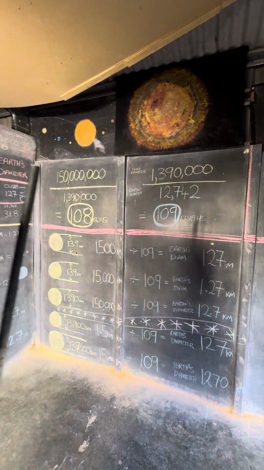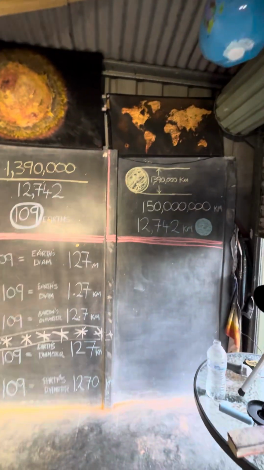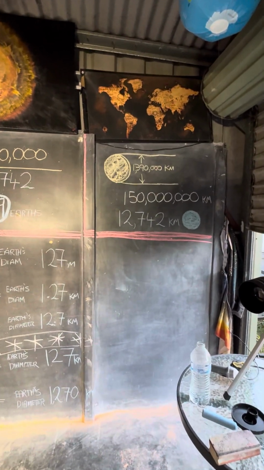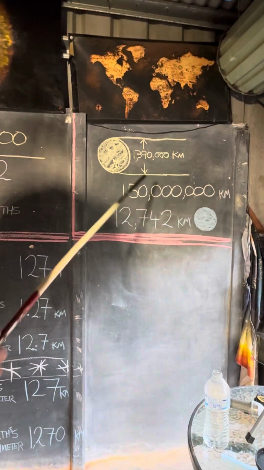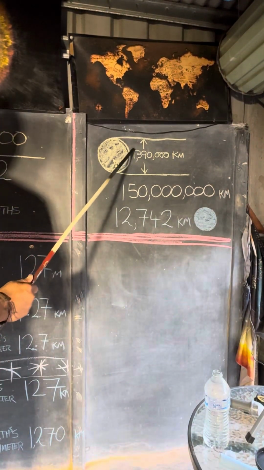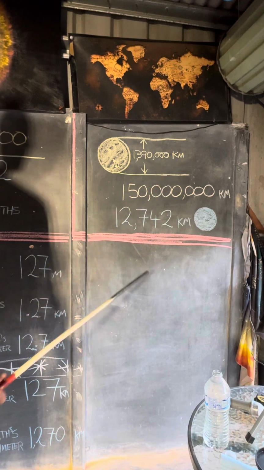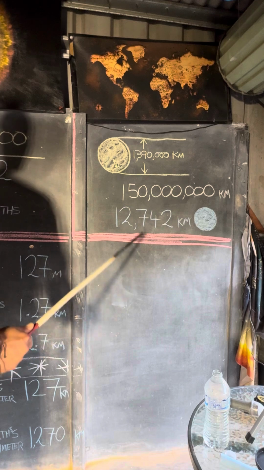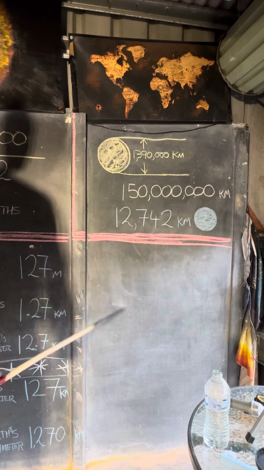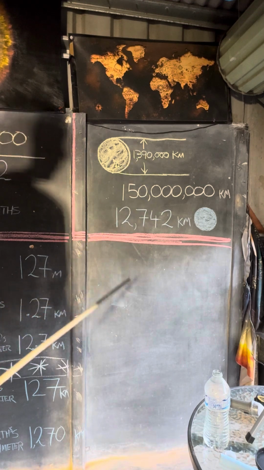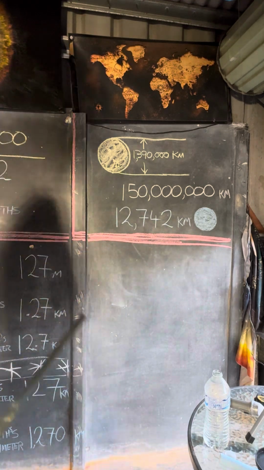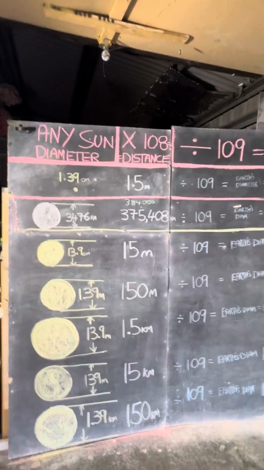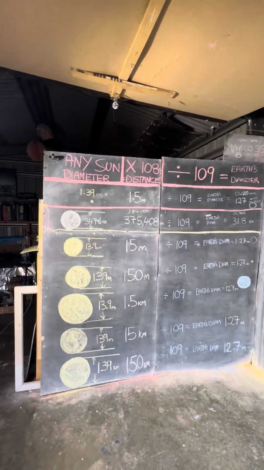And then we jump to us now, times 10. A sun with a diameter of 1,390,000 kilometers. The distance between us is 150 million kilometers. Our diameter is 12,742. Everything has gone up by the same ratio.